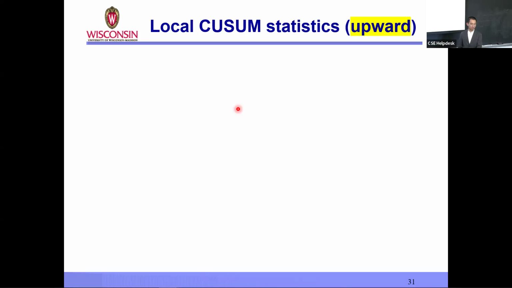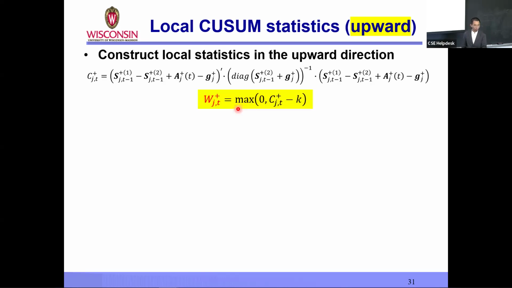First, let's look at the upward direction. Similar to before, we have A plus and we have G. We compare the difference between these two values and get W plus for the upward mean shift direction. Here K is an allowance parameter that will restart the Q-sum if there is no significant evidence of out-of-control data. The larger the value of W plus, the more suspicious the data stream is of being out of control.